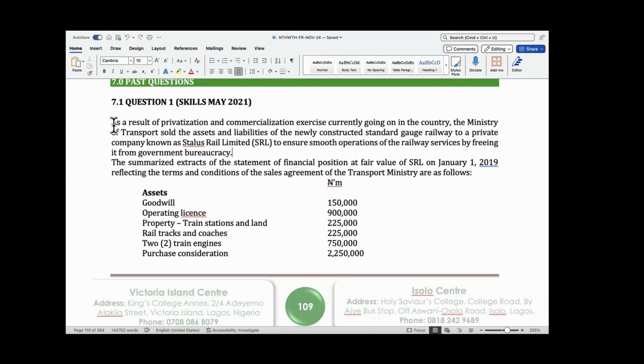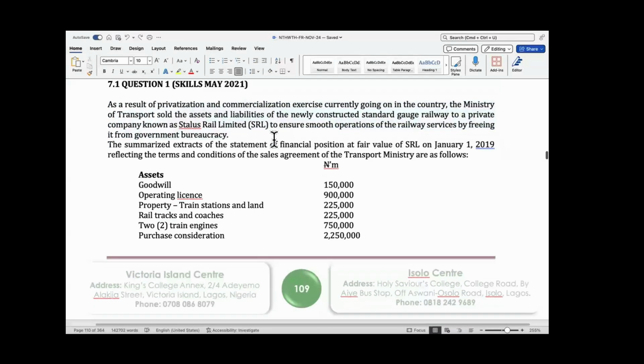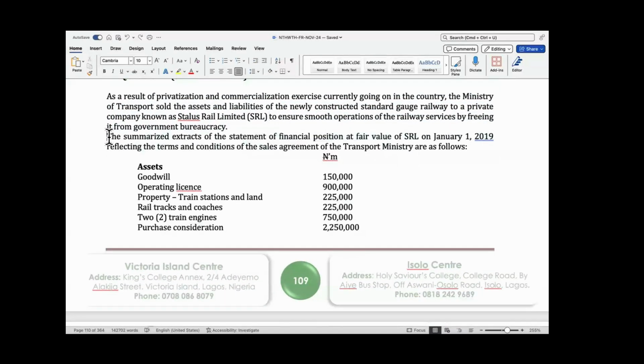So the first thing here, this first paragraph is saying that government sold the railway to Starlus. That's the major thing there. So the next paragraph says the summarized extract of the statement of financial position at fair value of SRL on January 1st, 2019, reflecting the terms and conditions of the sales agreement of the Transport Ministry as follows.